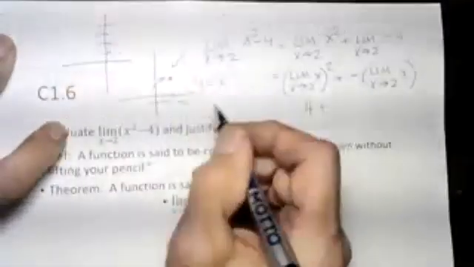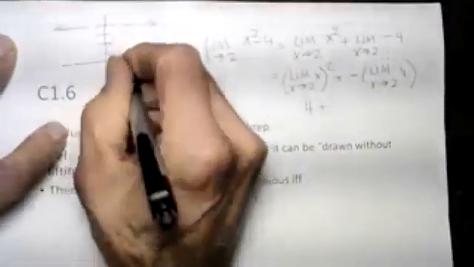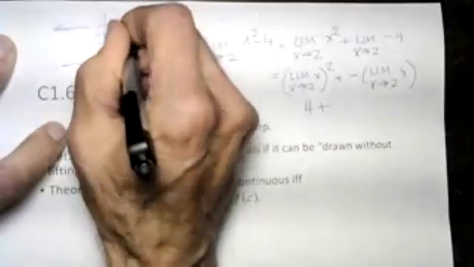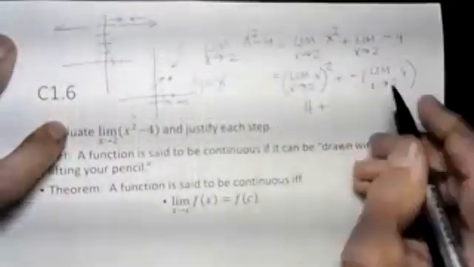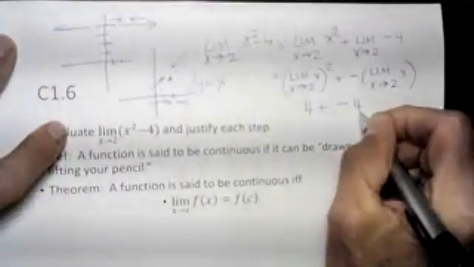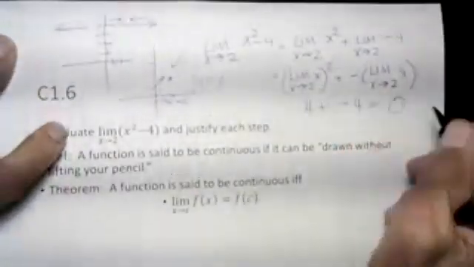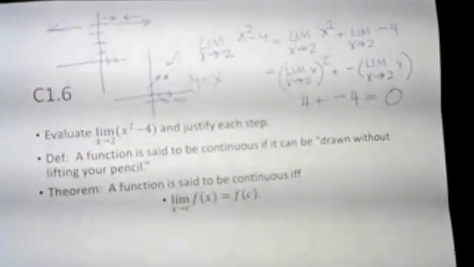Plus over here, the limit of 4. Let's talk about the limit of 4. 4 is easy. It's just a horizontal line like this. As I approach 2 on this line, I'm approaching 4, or it is 4 everywhere, times this -1 is -4, and then I get 0, okay?